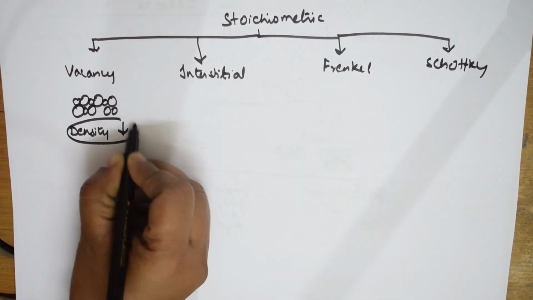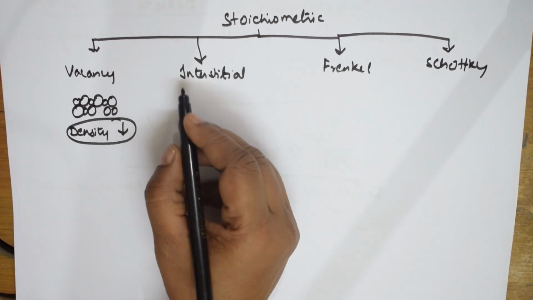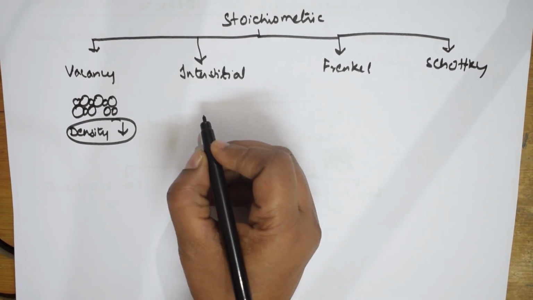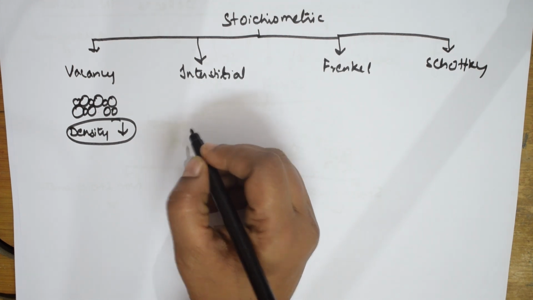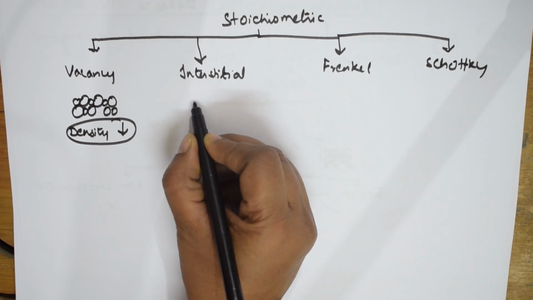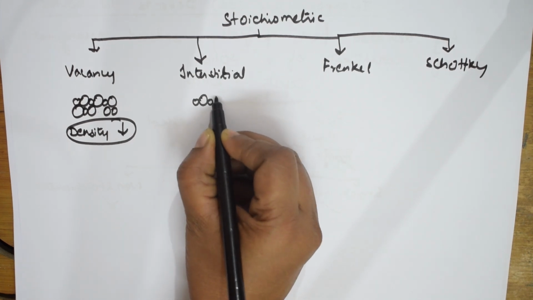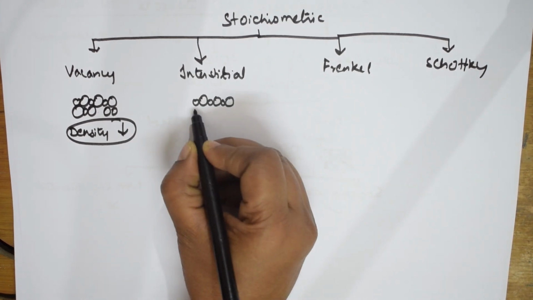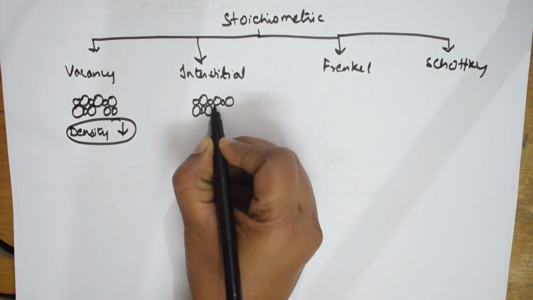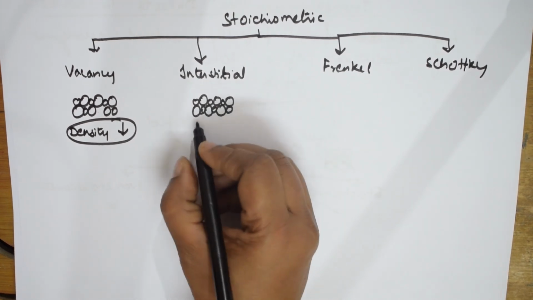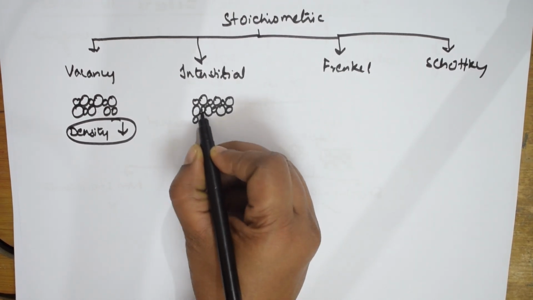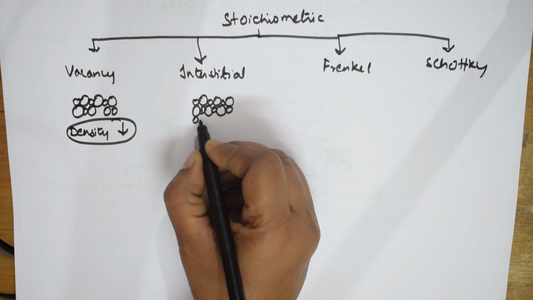Remember, this is where they'll ask you about interstitial defect. Interstitial defect arises when the constituent particles occupy the interstitial site. Suppose we have cation, anion, cation, anion, and below the anion you have cation.